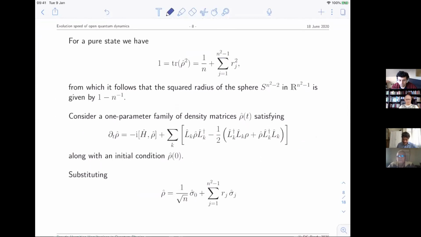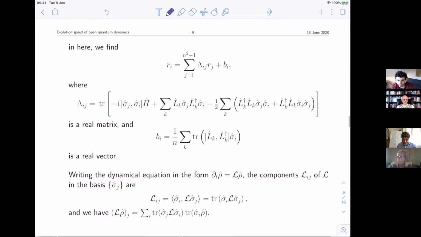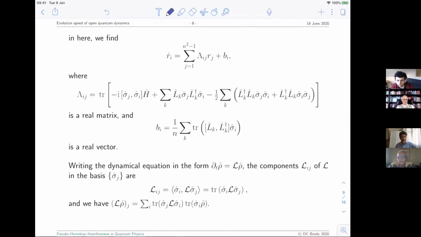Okay, so coming back, we have this Lindblad equation, and what we do is substitute this representation into the Lindblad equation, and that gives us, after a little bit of fiddling, a differential equation satisfied by the vector R. Naturally, since the Lindblad equation is linear in rho, the resulting equation would also be linear in R. And here is the result.